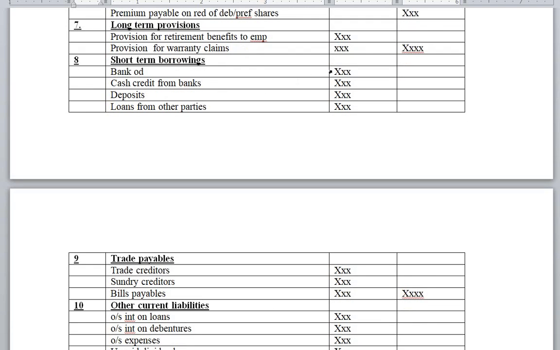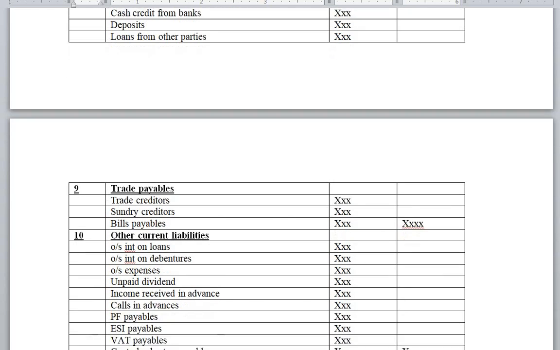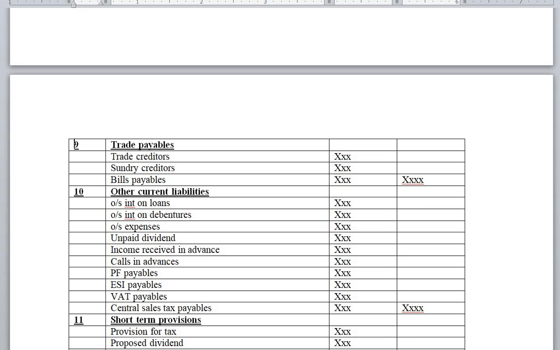If there are any items given in the question, add all those items and take the total amount to the short-term borrowings in the statement of balance sheet. Next is trade payables. Under that, trade creditors, sundry creditors and bills payable are the usual items. The next is other current liabilities, which cannot be stated under the normal current liabilities, like outstanding interest on loans, outstanding interest on debentures, outstanding expenses, unpaid dividend, or calls in advance.